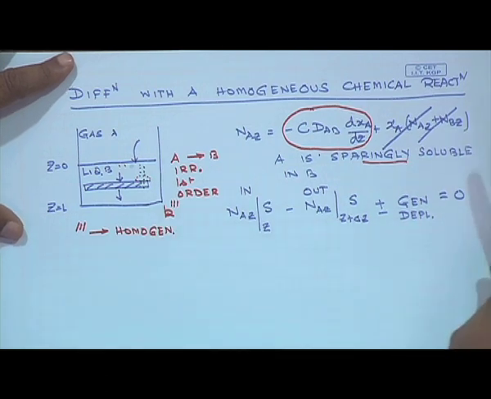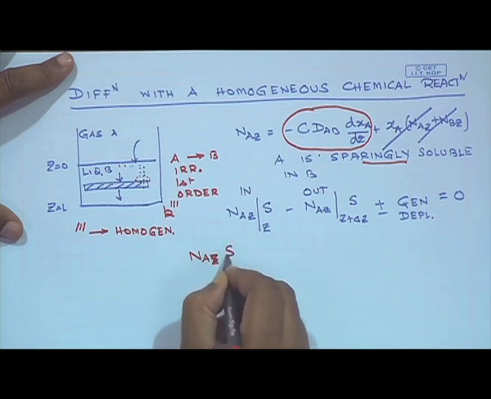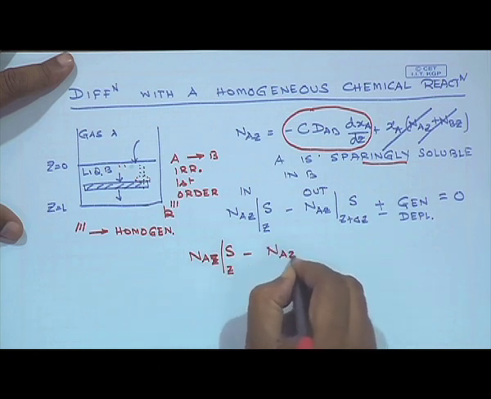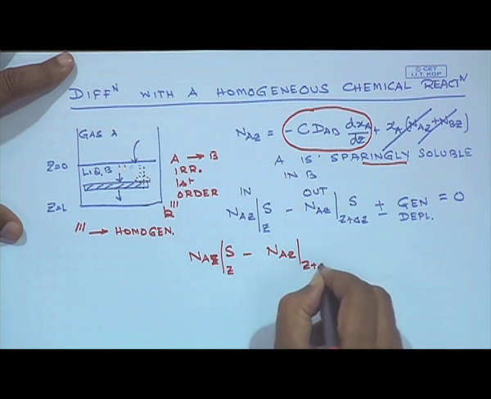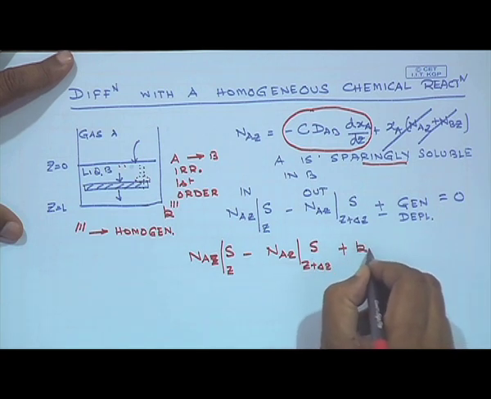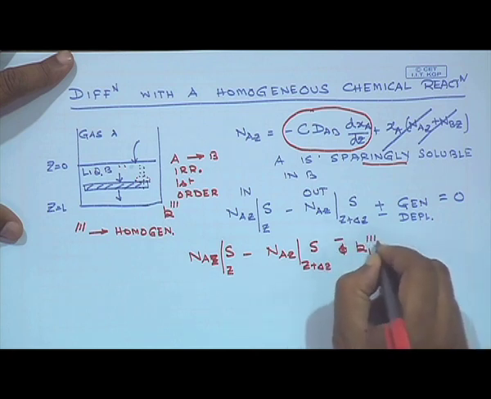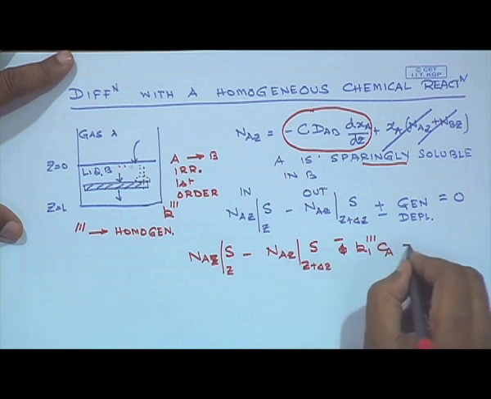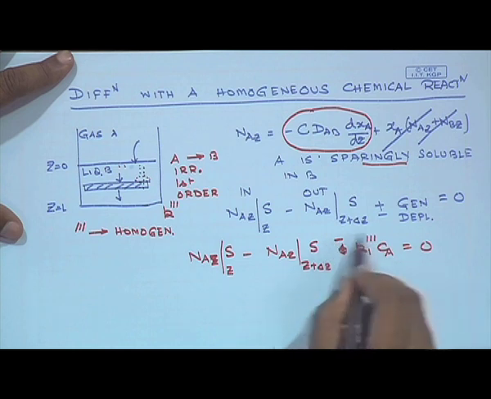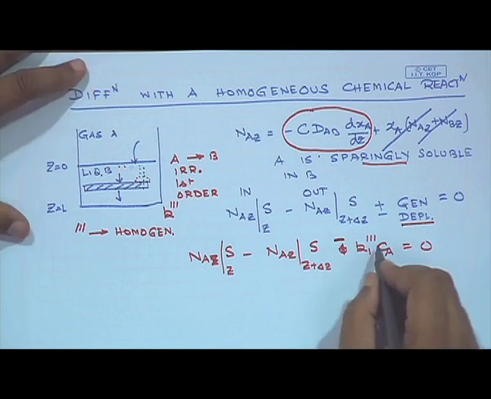So, the governing equation would therefore be N_Az times S evaluated at Z minus N_Az at Z plus delta Z, again times the area, and then we have minus k1 triple prime C_A, first order reaction where A gets converted to B. Since A gets converted to B, it is not a generation, it is a depletion, and that is why we have the minus sign.